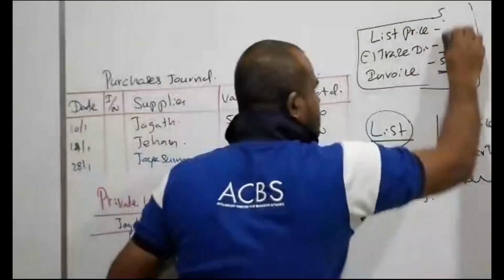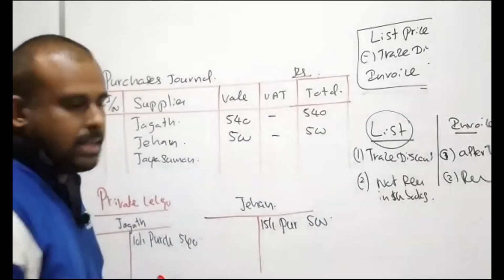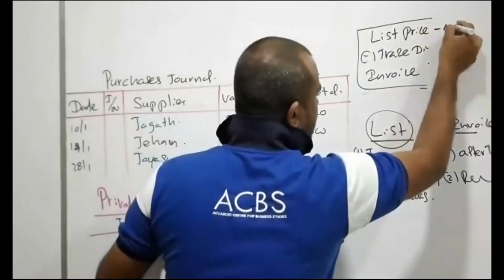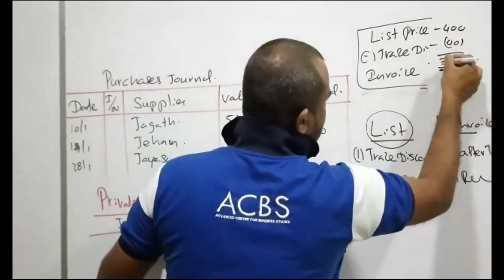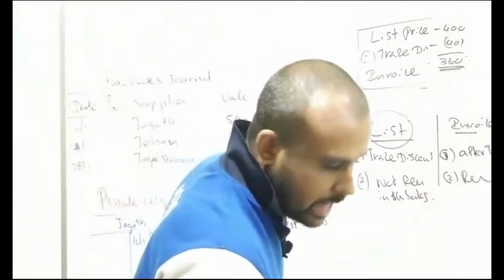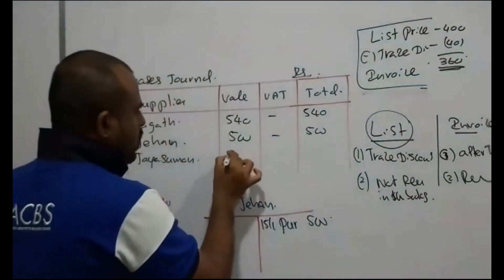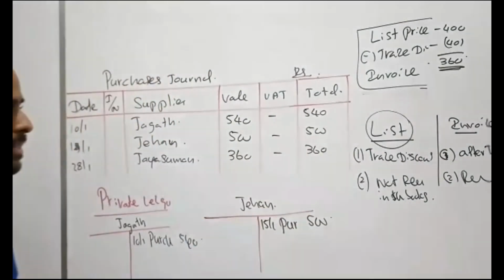That is the list price. Trade discount 10% means 40,000, and the invoice price is 360,000. We record 360,000 here, and there is no VAT, so we need 360.